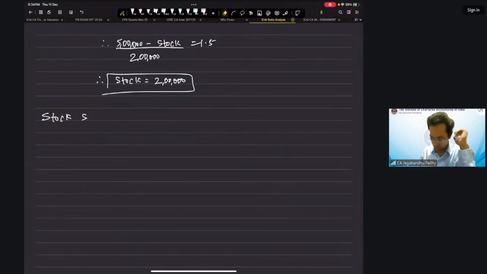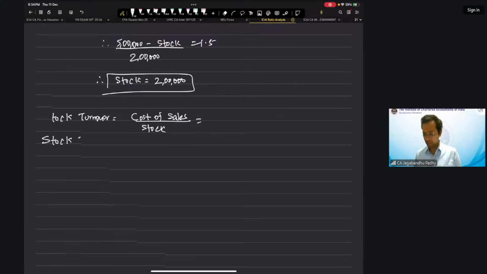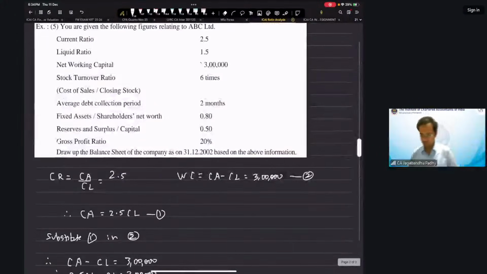So we have stock turnover. This is going to be cost of sales upon stock. And this stock turnover figure, which is cost of sales upon stock, is given to be 6.